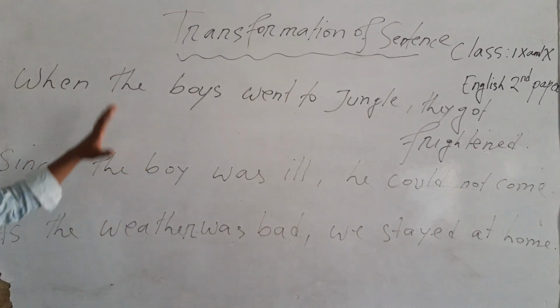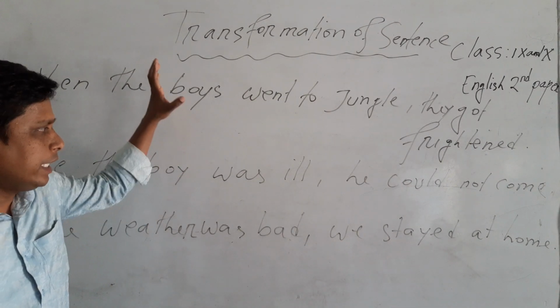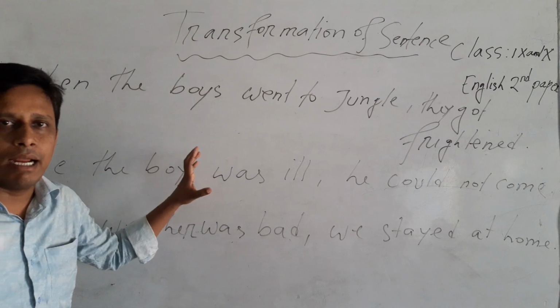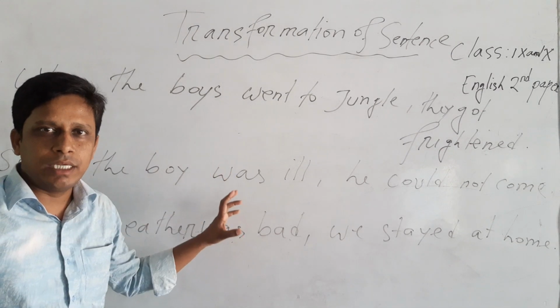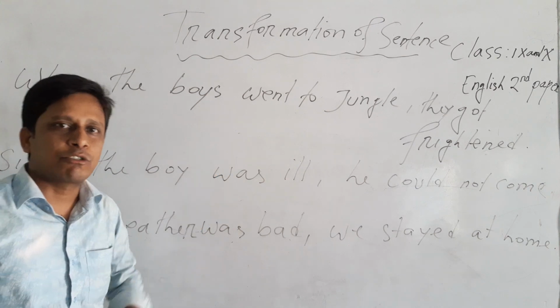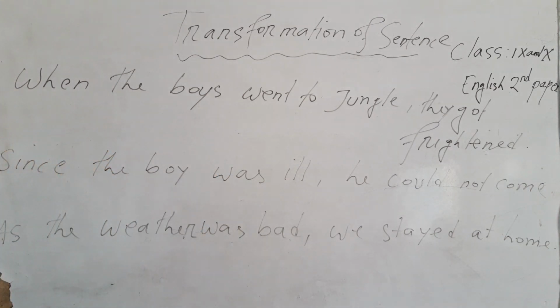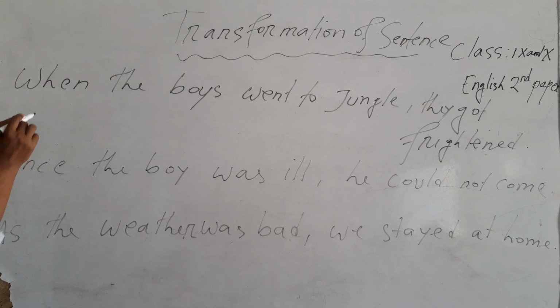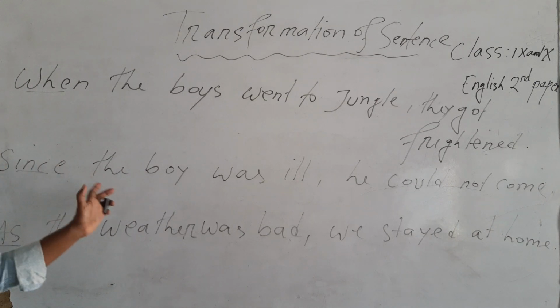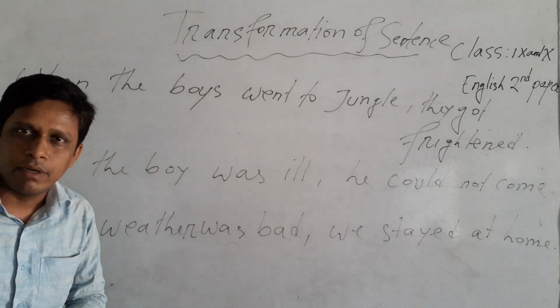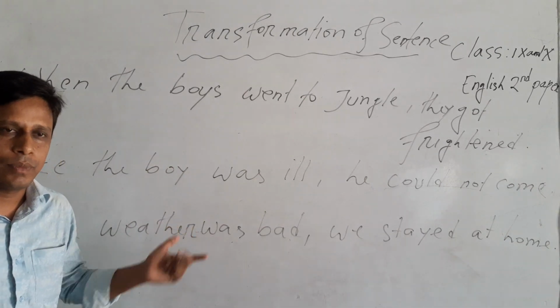Actually, I would like to know if these sentences are simple, complex or compound. As I have already mentioned, if two clauses are connected with as, since, when, then we may call it a complex sentence. So we are sure that these are complex sentences.